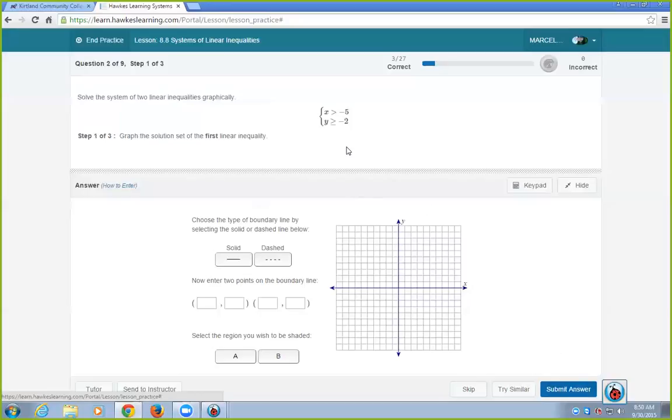So if we looked at this one, x is greater than a -5. Solid line or dashed? Dashed, yes. And because x is greater than a -5, we know that is a vertical line at a -5. So that means every x is a -5. And every y can be whatever it wants to be.